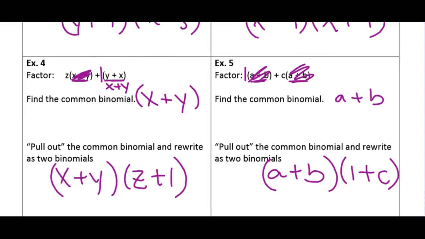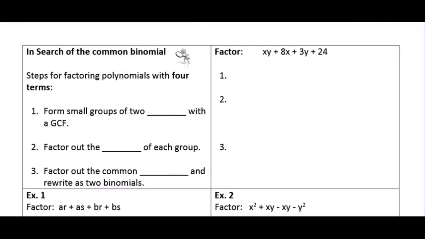Those problems were all partially factored for you. So we have to move to where we actually have a problem where we have to do the whole thing. So here are the steps when we're factoring by grouping. You want to form small groups of 2 terms with a GCF.